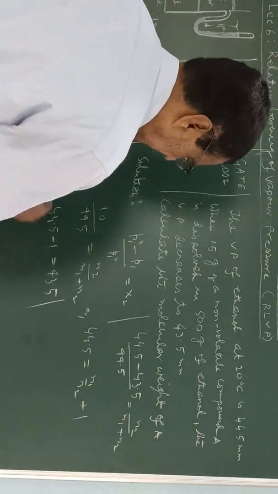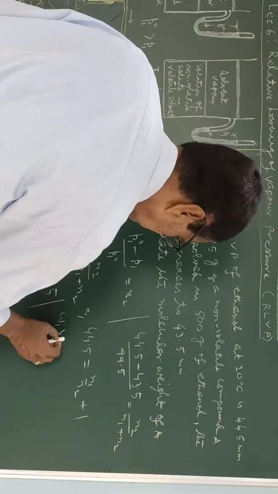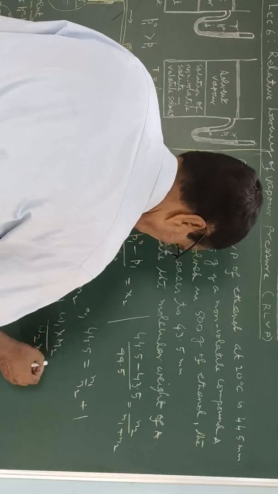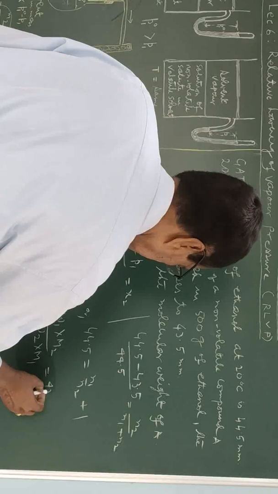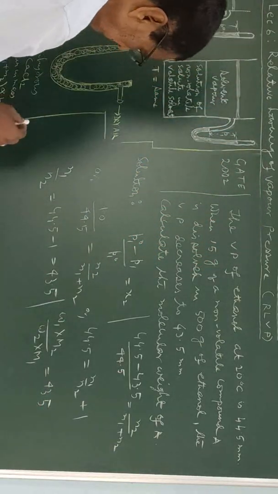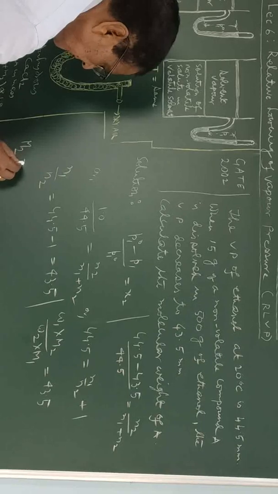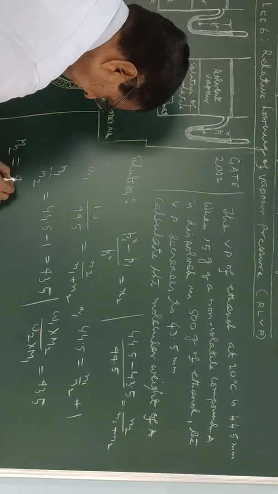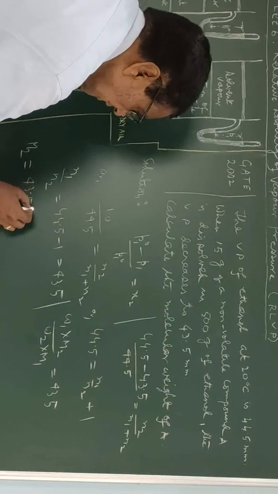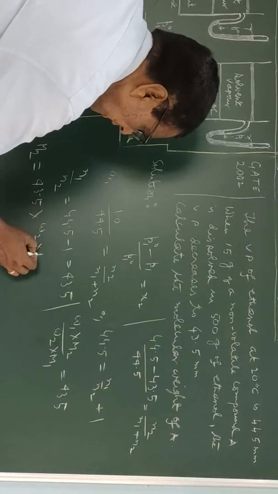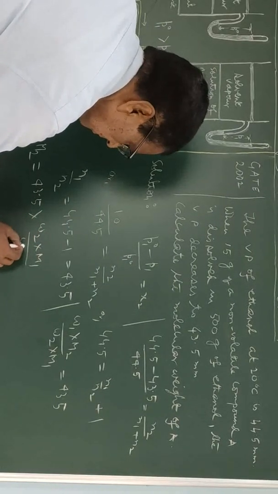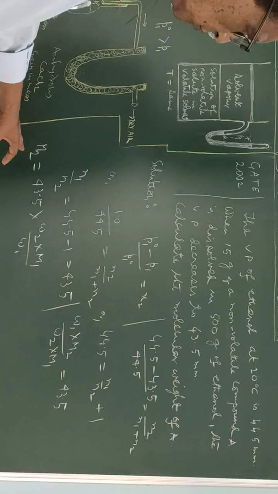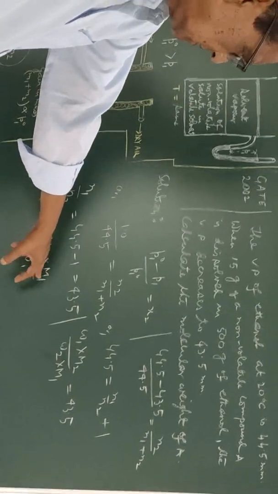And this N1 by N2 equals W1 into M2 divided by W2 into M1, equal to 43.5. Or M2, the molecular weight of this solute A, equals 43.5 into W2 into M1 divided by W1.